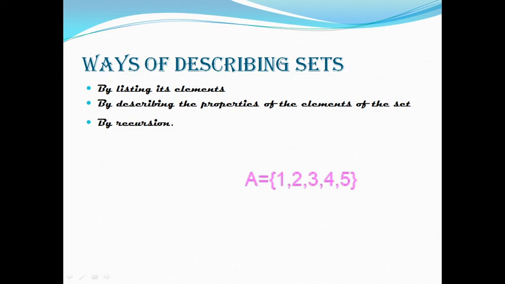So another method comes, that is listing the properties of the elements of the set. For example, here I define set X such that X is a natural number less than 5. I am describing it as a rule.